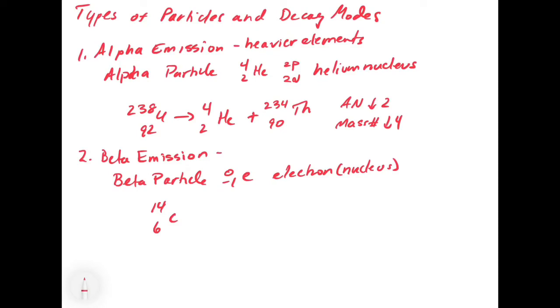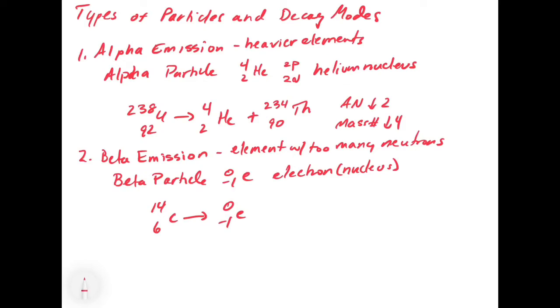Typically these decays happen when an element has too many neutrons. We're going to find out that beta emissions actually decrease the number of neutrons. Again, if we decide that this is going to go by beta, since this is an emission, we write our beta particle symbol on the other side.